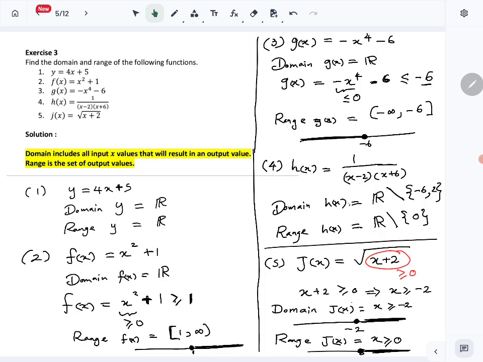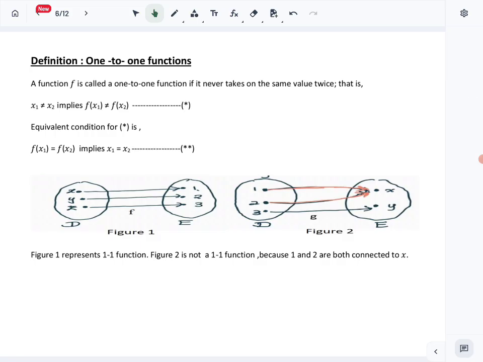Okay. Now next we are going to introduce a couple of function types. One-to-one functions. Right. What is a one-to-one function? So let's go through the definition. A function f is called a one-to-one function if it never takes on the same value twice.